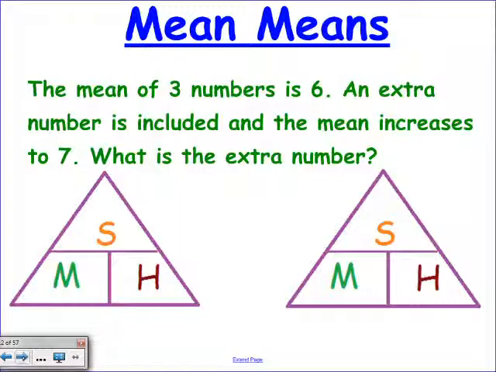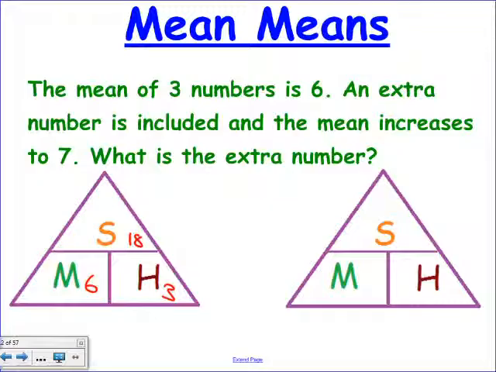The mean of three numbers is 6. So the mean is 6, and how many numbers I've got is 3. So what's the sum of my numbers? 6 times 3, because that's what my triangle's telling me. So my sum for my three numbers with a mean of 6 is 18.